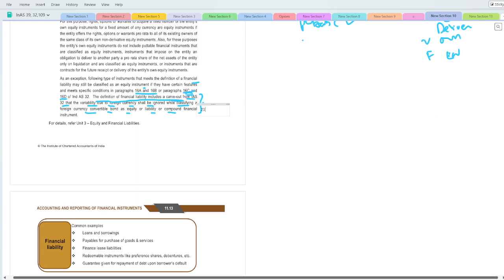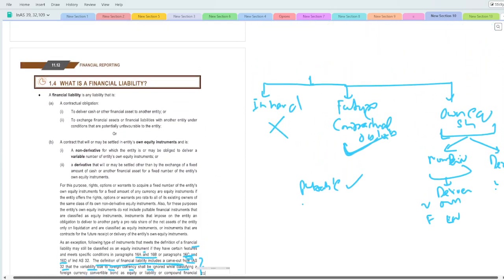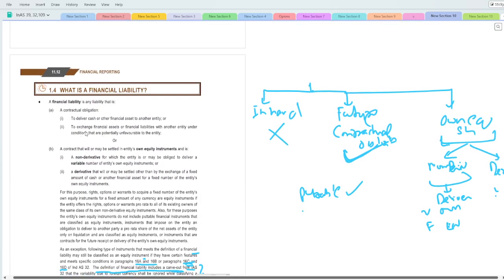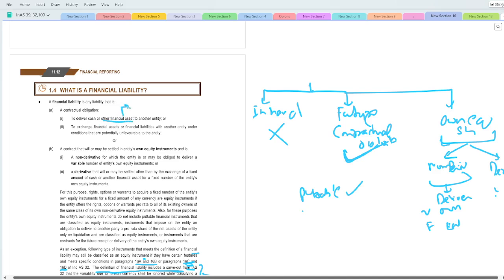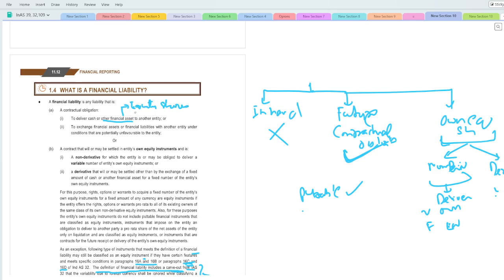Okay, so one point I want to emphasize relates to the obligation to exchange or deliver cash and other financial assets. I'm giving one example here. As per my explanation, other financial asset here means the equity shares. To deliver the cash is a contractual obligation, a future transaction which I explained.